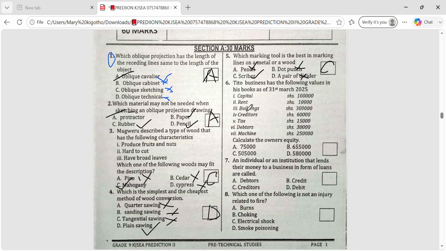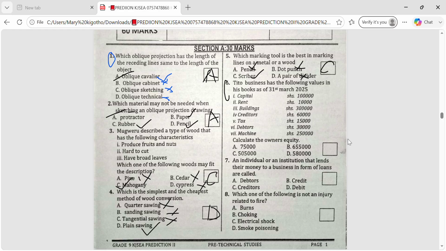Now we go to the next question, that is question number 6. We are being told Tito has a business, with the following values in his books as at 31st March 2026.